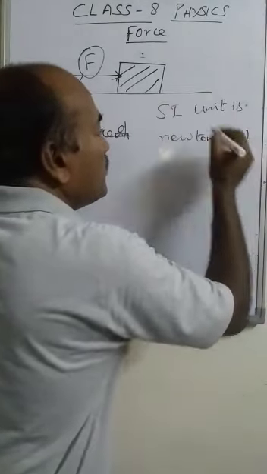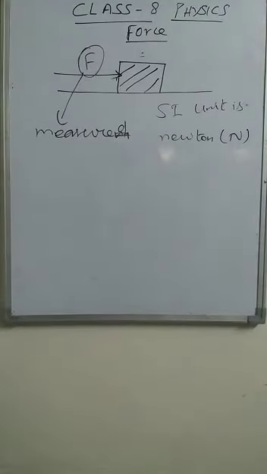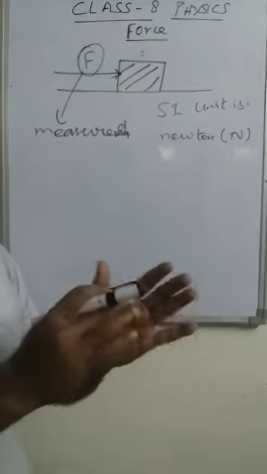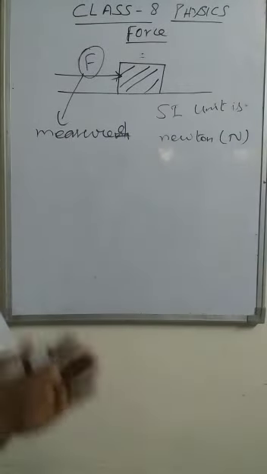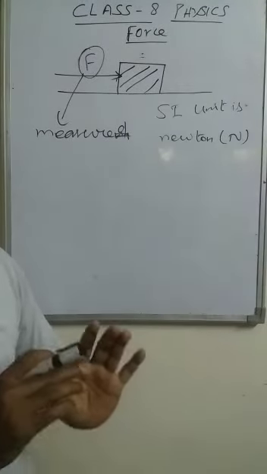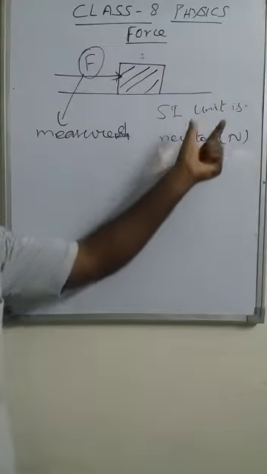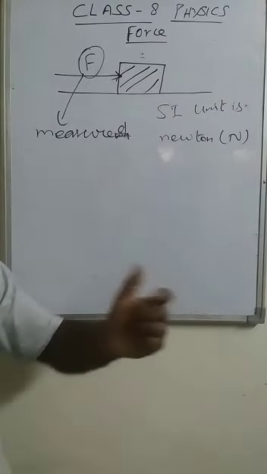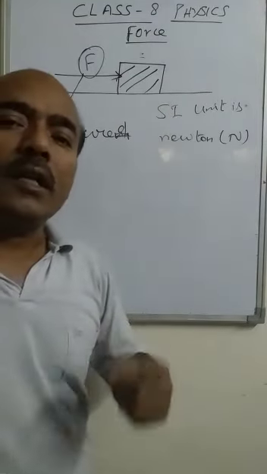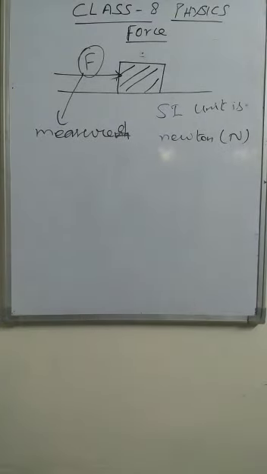It is named after a scientist who measured the force clearly, who gave the relation to measure the force, and who discussed all kinds of aspects related to force. That's why the unit is named after him, that is Newton. His full name is Sir Isaac Newton.